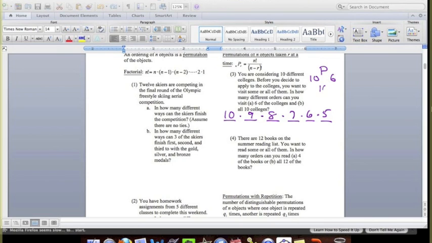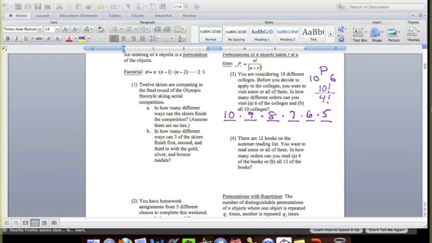That what we're doing is saying 10 factorial would be if I was going to every school, but I'm not going to every school, so I want to divide out what am I not doing. I'm not going to 4 of the schools, because I am going to 6 of the schools. That makes sense.